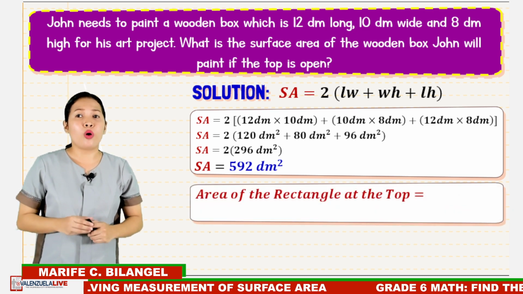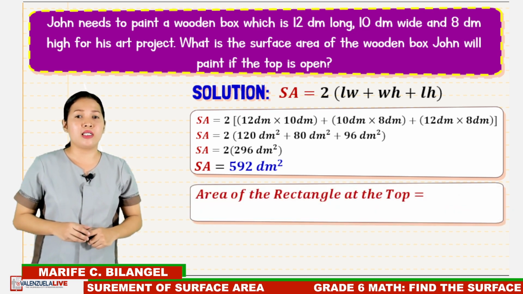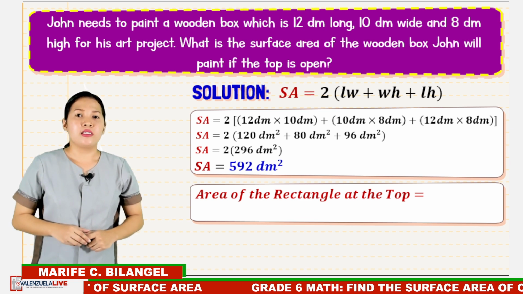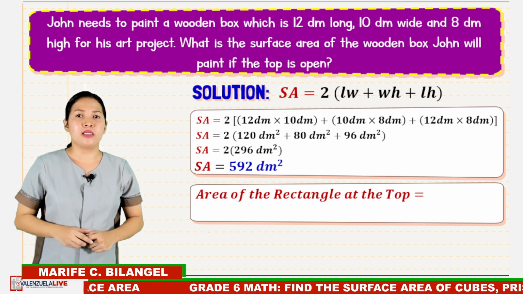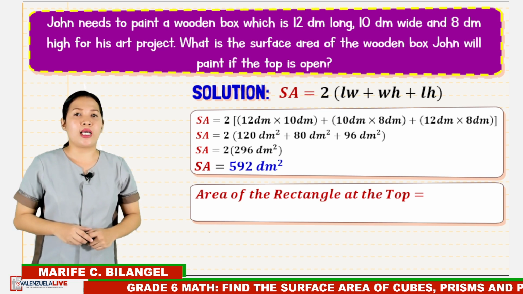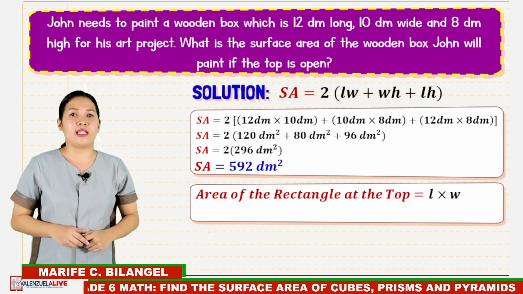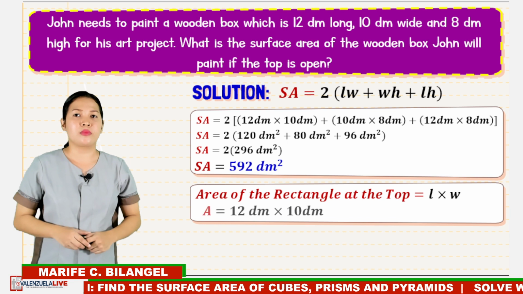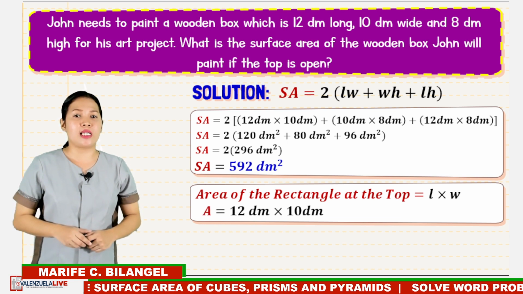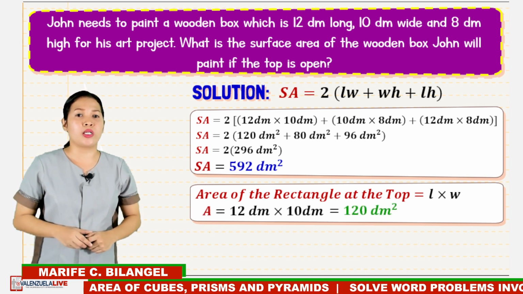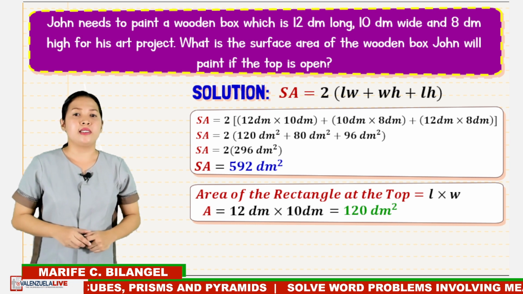We also have to get the area of the rectangle at the top, since the wooden box is open, so the formula to get the area of the rectangle is length times width. We have 12 decimeters times 10 decimeters, so that is equal to 120 square decimeters.